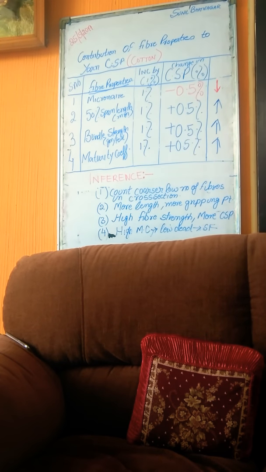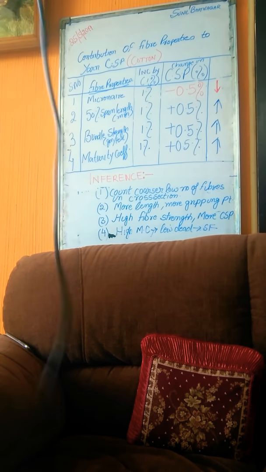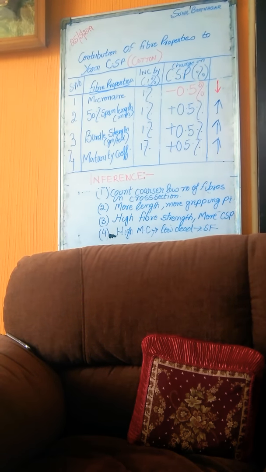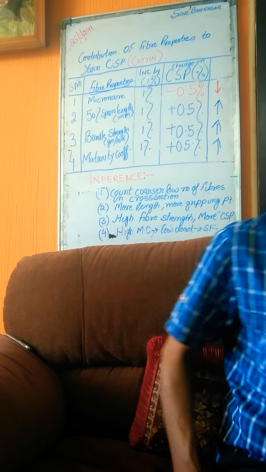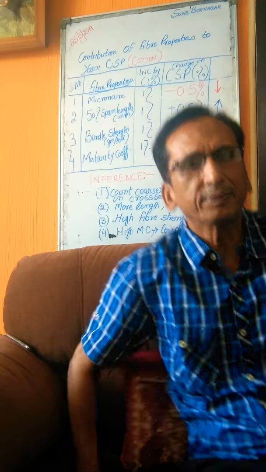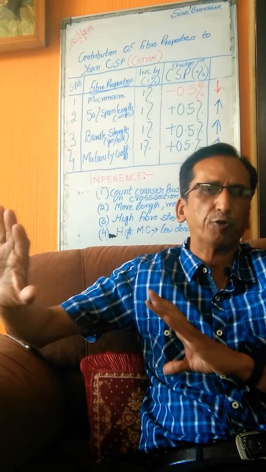Now the question arises why this is happening: except for the micronaire, for all the other properties the CSP improves by 0.5%.